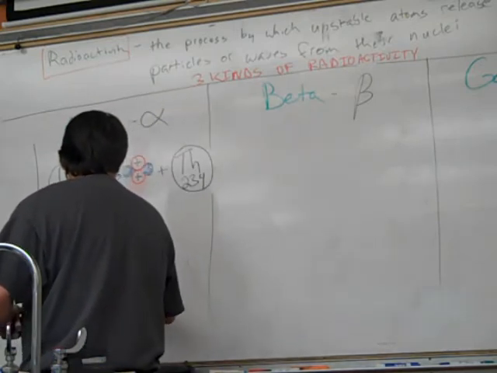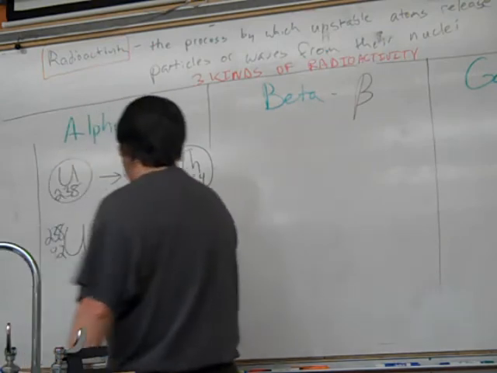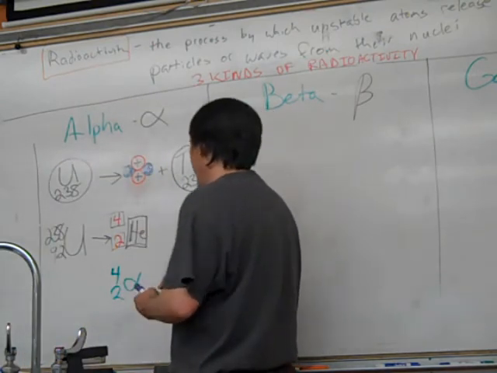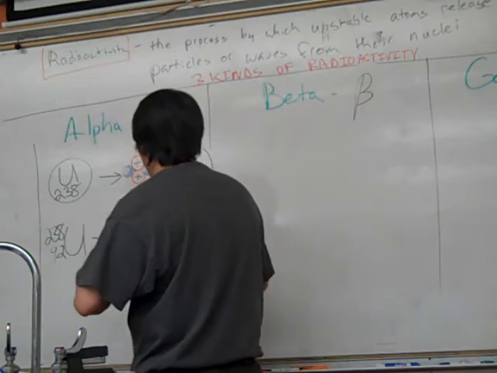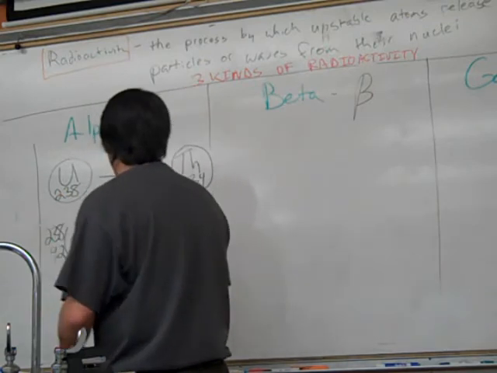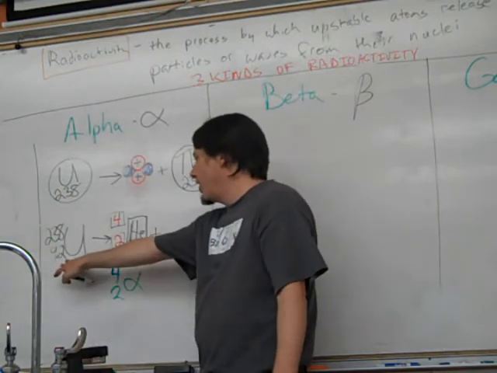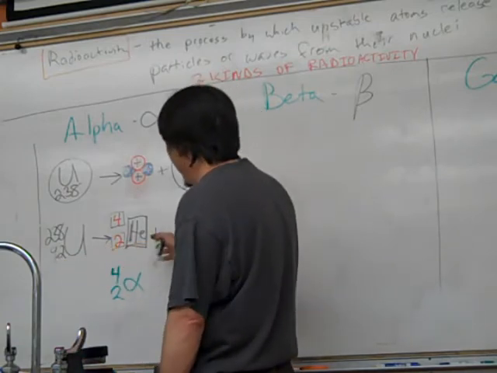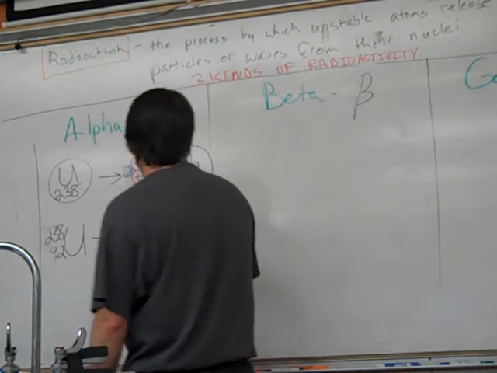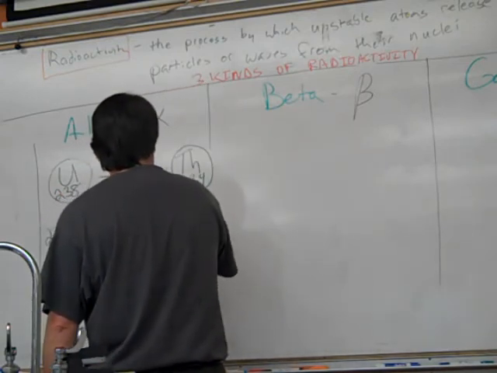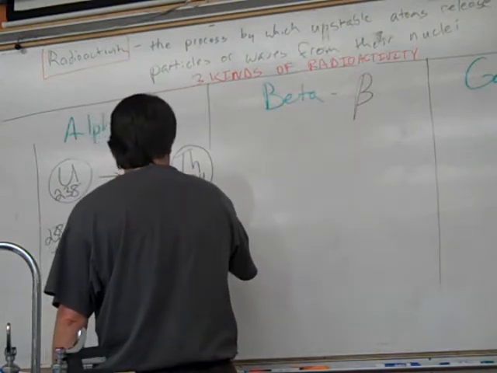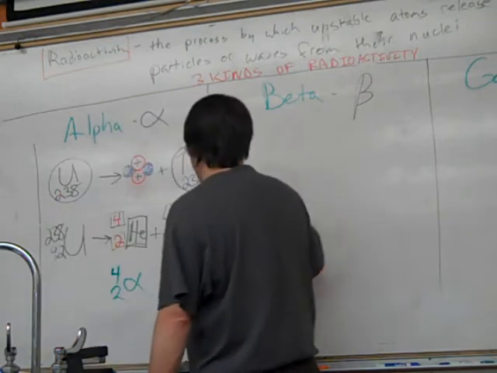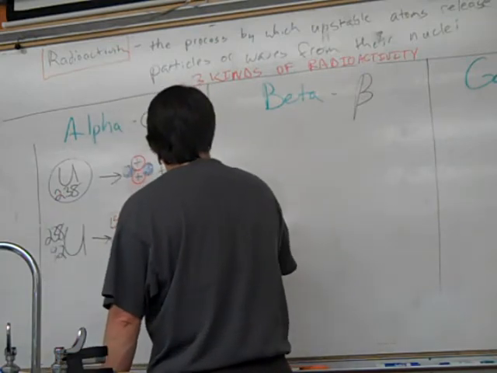Sometimes people write it as 4,2 alpha, but 4,2 helium is another way to write it, and that's how we're going to do it, because we need to learn to do these nuclear decay equations, where you start with one thing, and you get a decay, and you end with another thing. So let's look at what we have left. I know I already wrote it up here, but let's deduce it for ourselves.